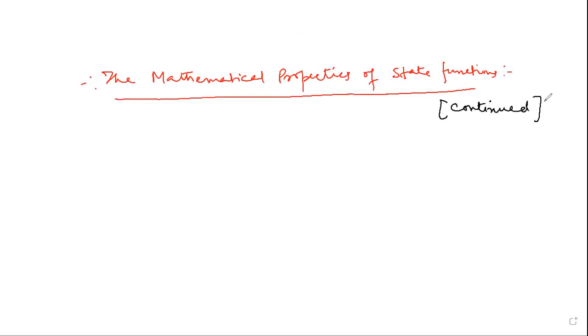What we said, we considered 1 mole of an ideal gas. So we said for an ideal gas, PV is nRT. Now n is 1 mole.